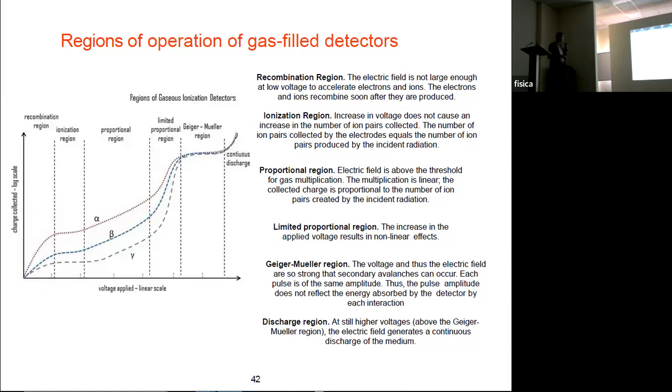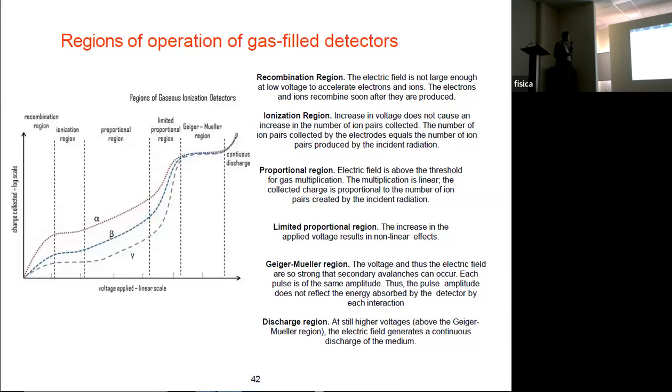Here you can see the first region, which is called the recombination region, and as I said, this is a very bad area for detector operation, because all electrons and ions recombine, and we don't have signals at all.